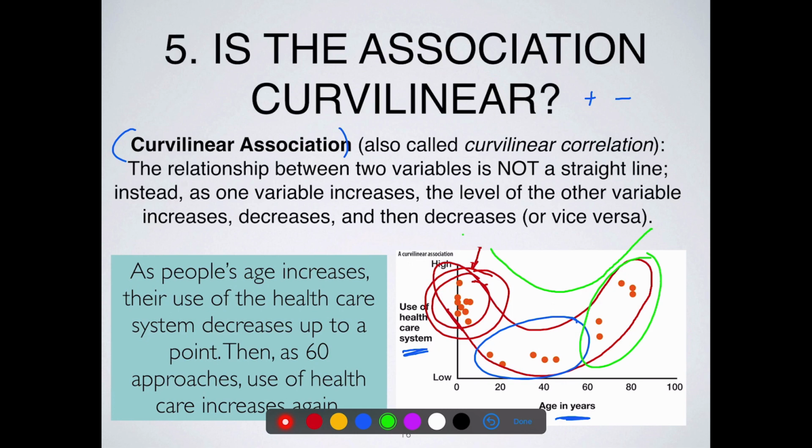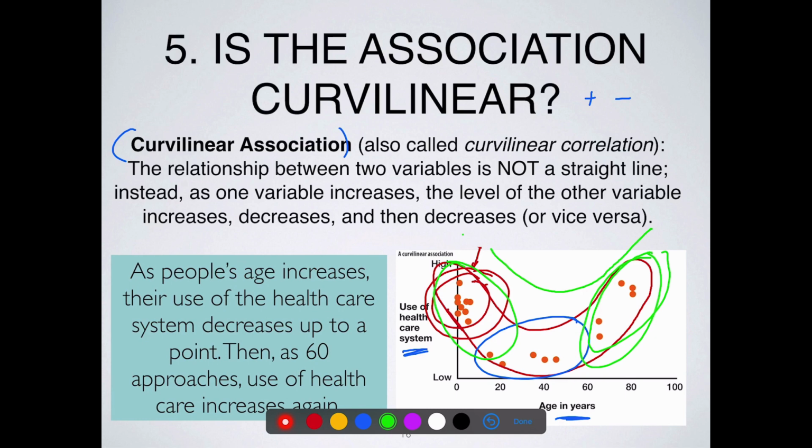So this is something you want to check into, because if they only have a piece of the data, they might think it's a positive. And in this case too, if they only have a piece of the data for early age groups, they might think it's negative. But when you have the full picture, you realize it's neither, it's curvilinear, right? So that's something to ask yourself.